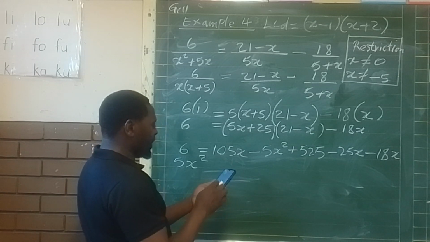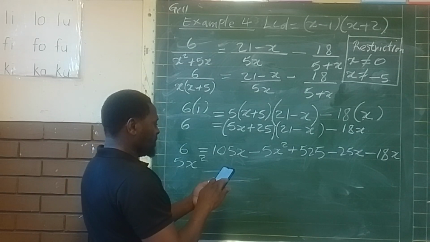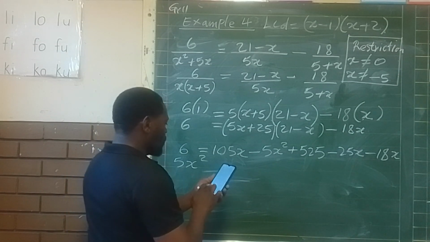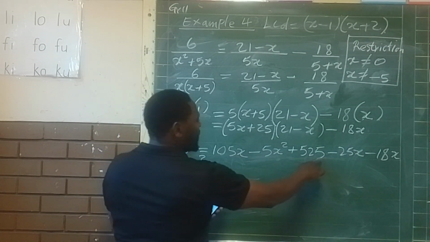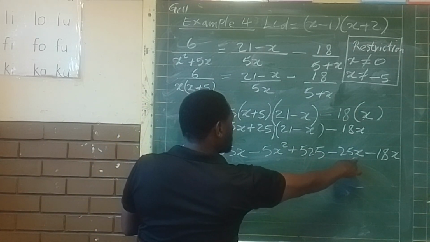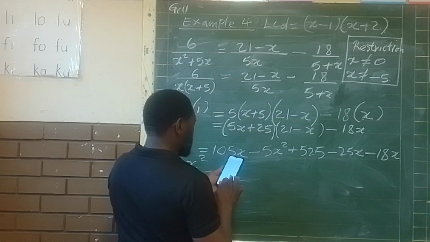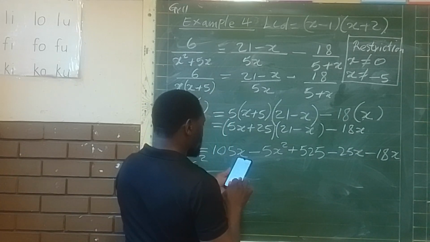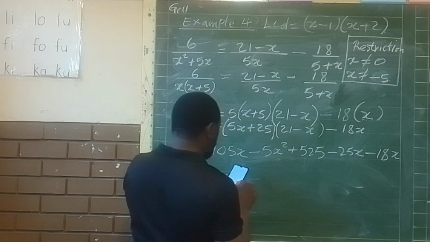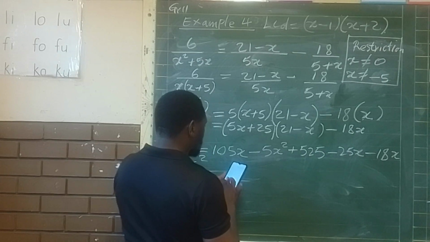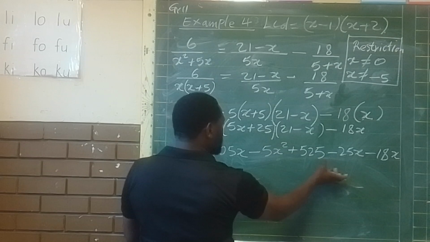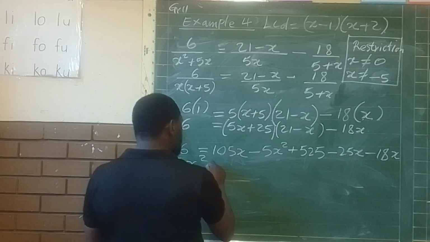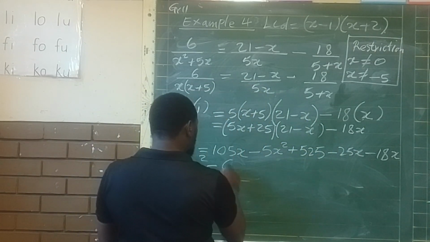We are combining the like terms. 105 minus 25 minus 18 is 62. This 62 is positive, we take it on the other side, it becomes negative 62x.